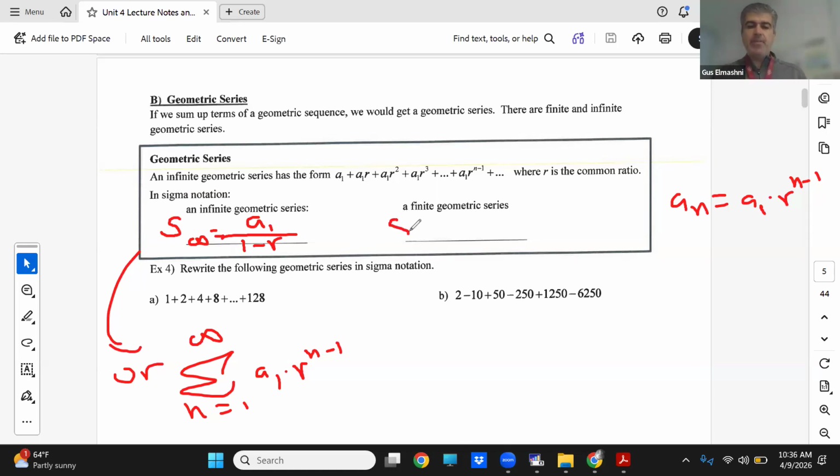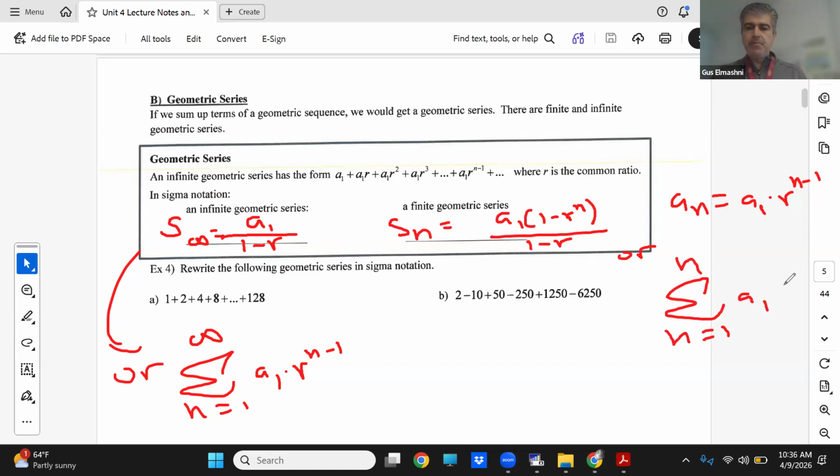Now, for a finite series, it would look like this. So depending on what n is, that's when you stop for a finite geometric series.